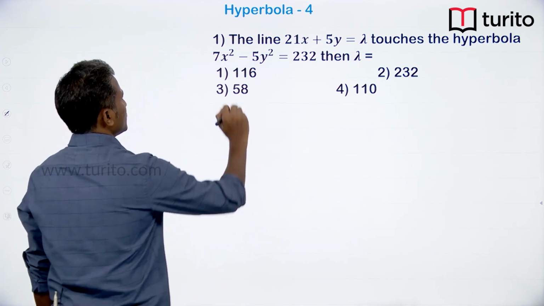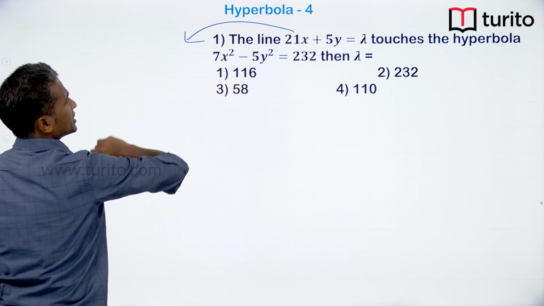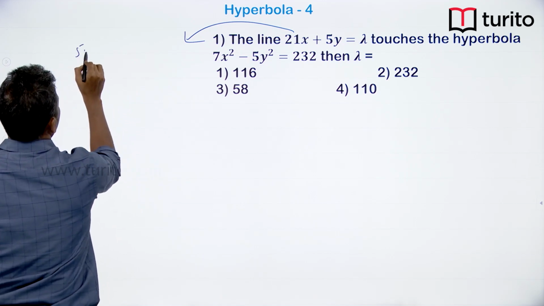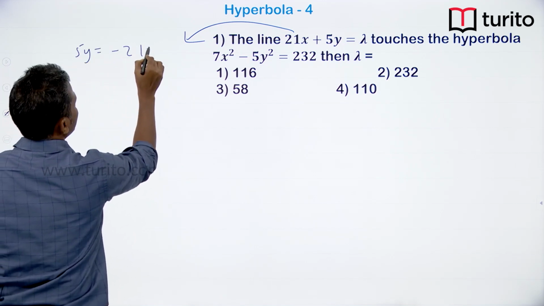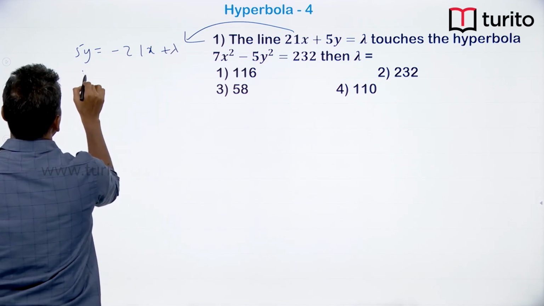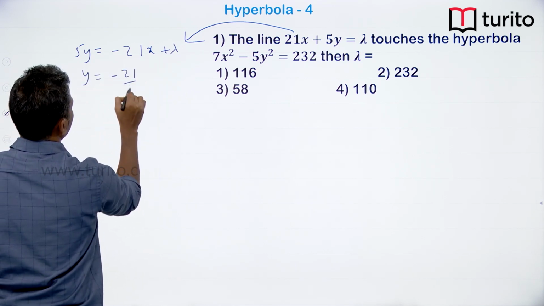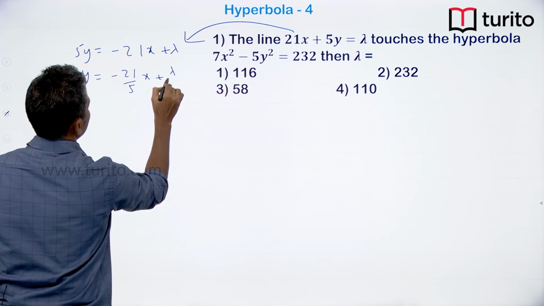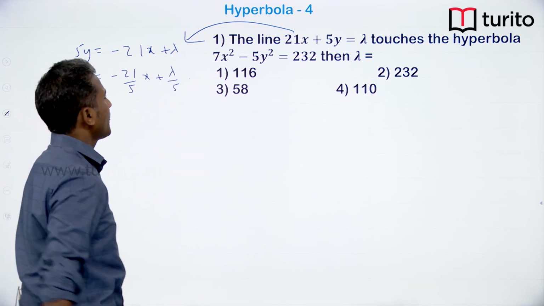Let me just convert this into y equal to mx plus c form. So, what do I get? 5y equal to minus 21x plus lambda. So, y becomes minus 21 by 5 x plus lambda by 5.